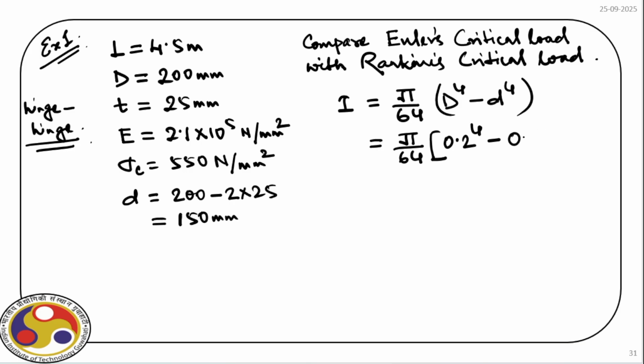So we have here 0.15. So if we evaluate, we get moment of inertia is 5.37 into 10 to the power minus 5 meter to the power 4.